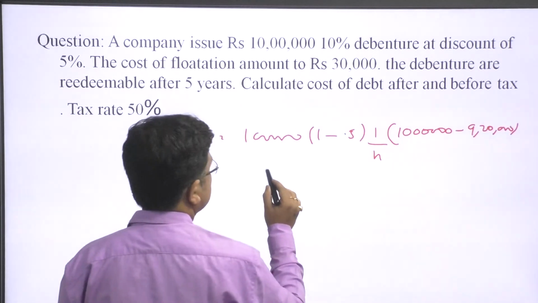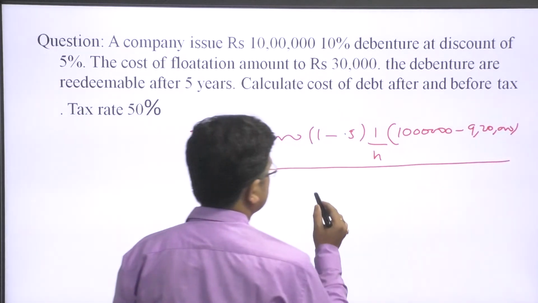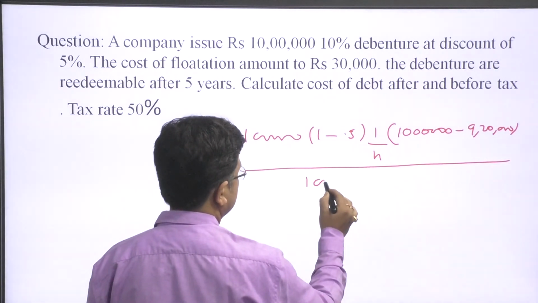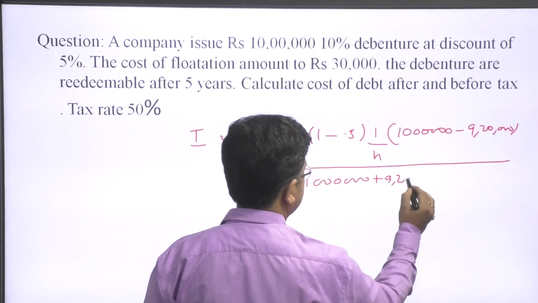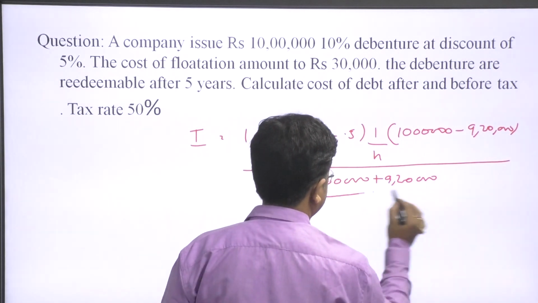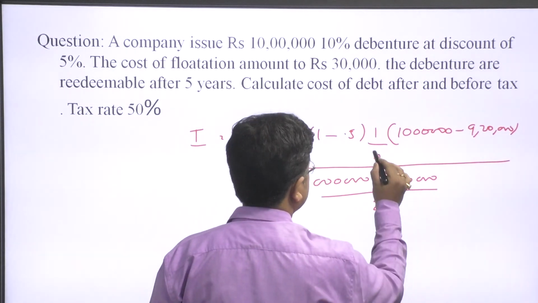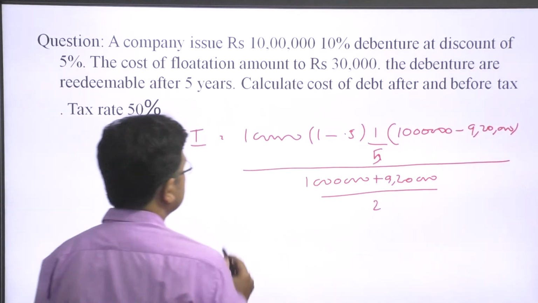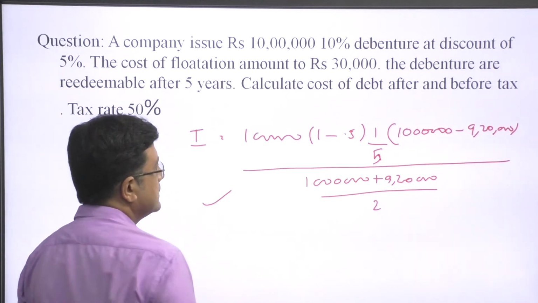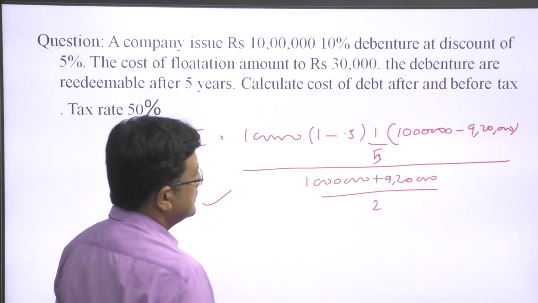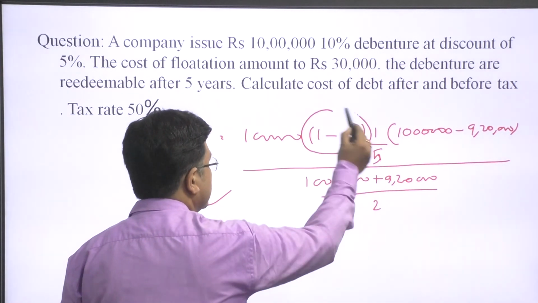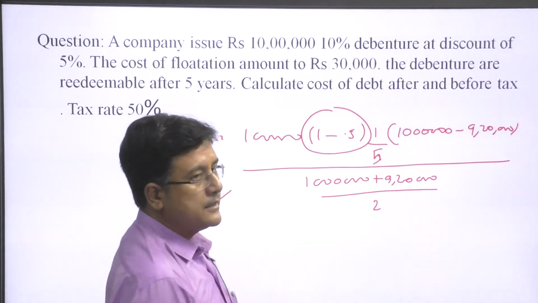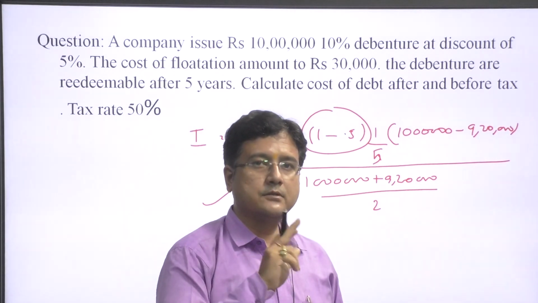Replace n by 5, and this will be the final answer. So for this formula we multiply the tax rate here, but in the previous cases we multiply the tax in the final answer.